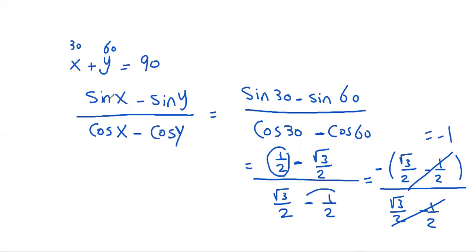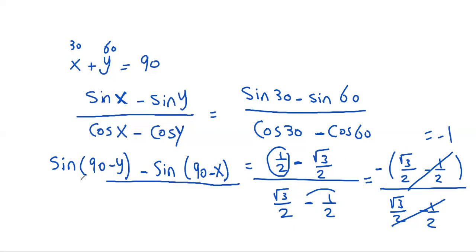And also, we can substitute in the numerator, instead of x, 90 minus y. You write sine(90 minus y) minus sine y, and we can write sine y as sine(90 minus x), over cosine x minus cosine y.